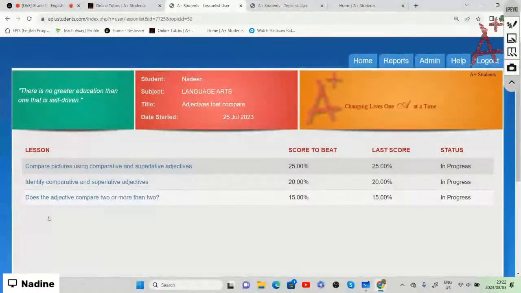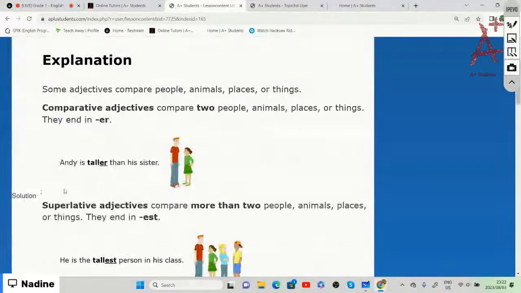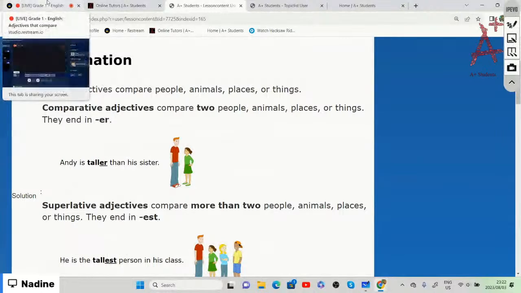So now we are going to identify either a comparative adjective or a superlative adjective.